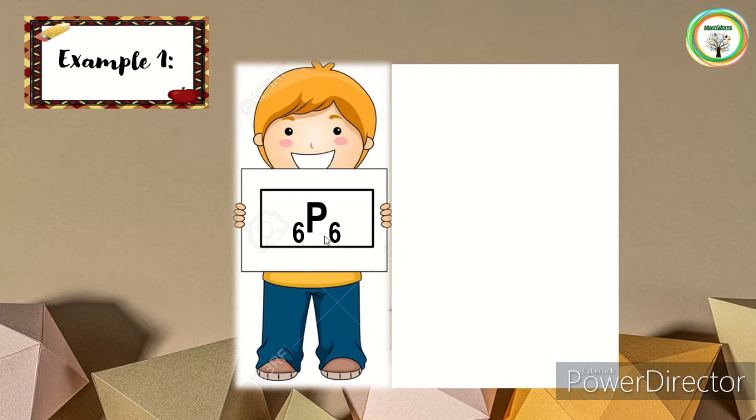Permutation of 6 taken 6. So in this example, the value of n is equal to 6 and the value of r is equal to 6. Let us apply our formula. For our solution, again our formula is permutation of n taken r is equal to n factorial divided by the quantity of n minus r factorial.